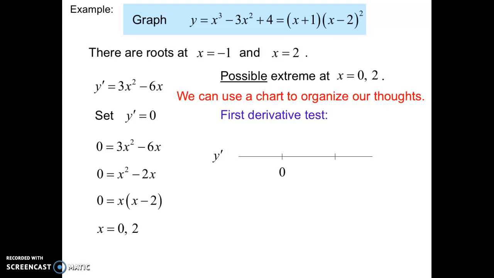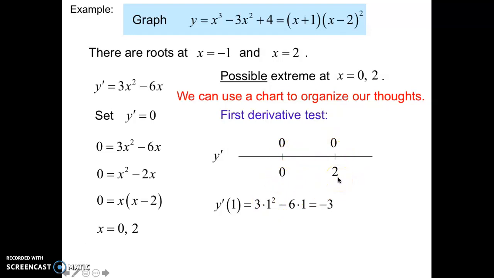So the first thing we do is on the chart, we put the critical point at 0. And we know the derivative there is equal to 0. Then we pick a point on either side of these critical points. So in this case, x equals 1 is between the two critical points at x equals 0 and x equals 2.